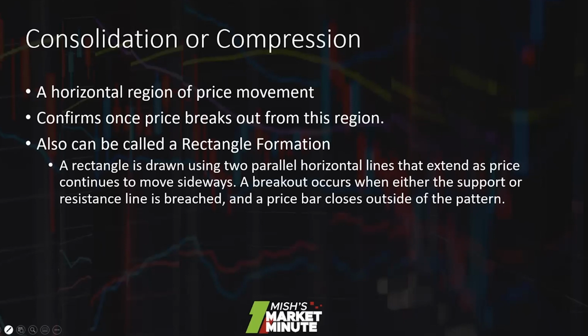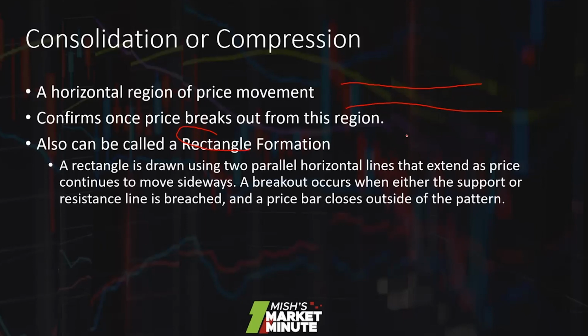And let's get a little pen here so we can actually draw here. So price action would be going relatively horizontal on both the top and the bottom for a certain period of time. The longer the period of time, the better, the more powerful it's going to be once the price breaks from this region. Some people would also call it a rectangle formation.